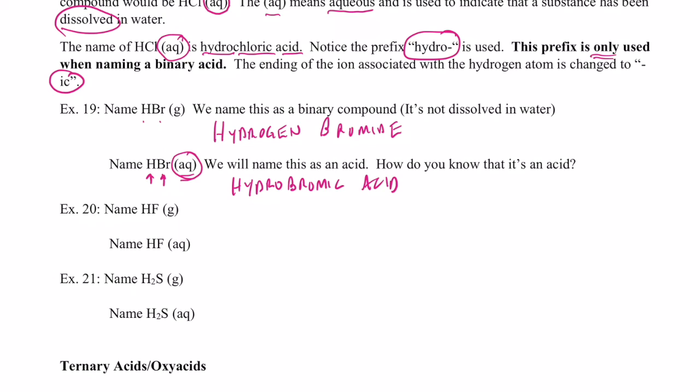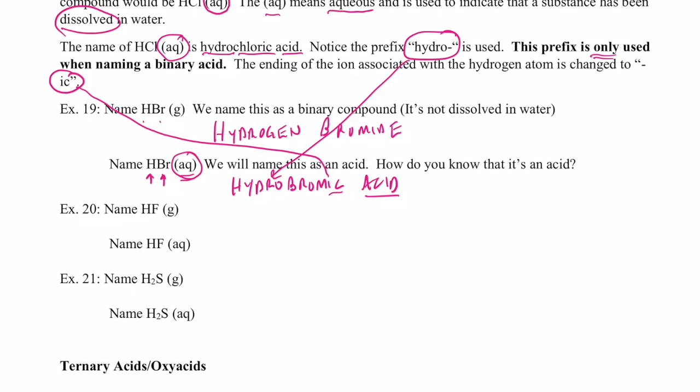So, we use the prefix hydro because we're naming a binary acid. We change the ending to ic right over here because that's what we change the ending to for the nonmetal that's associated with the hydrogen in the acid. And of course we end it with acid.